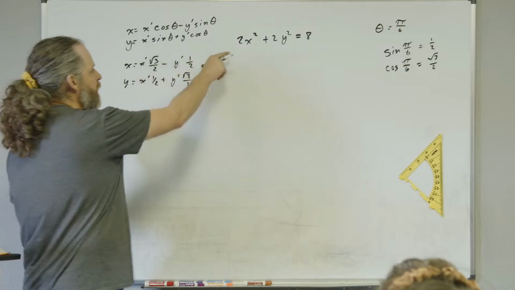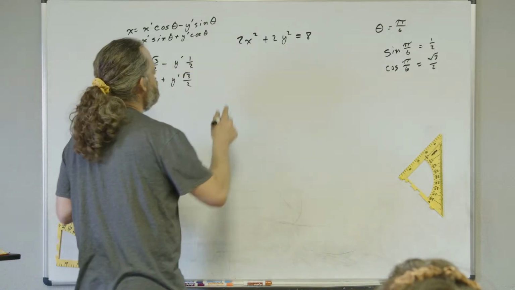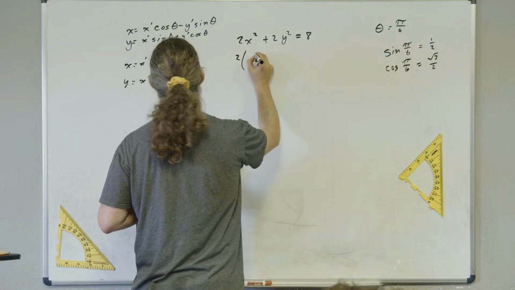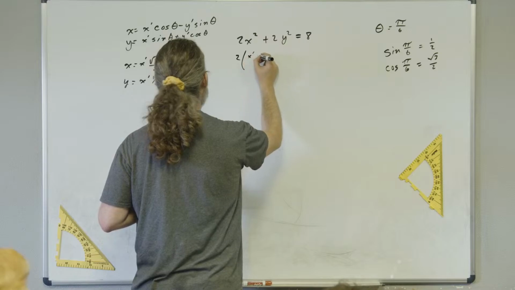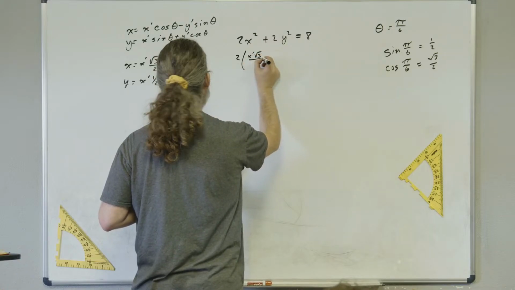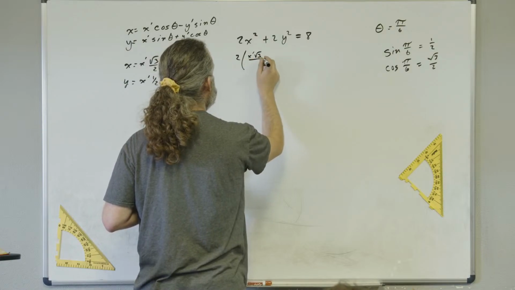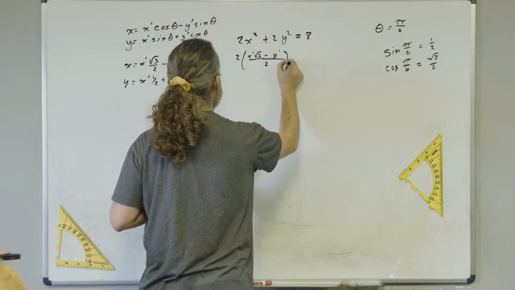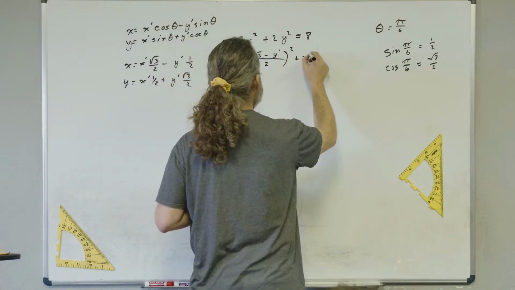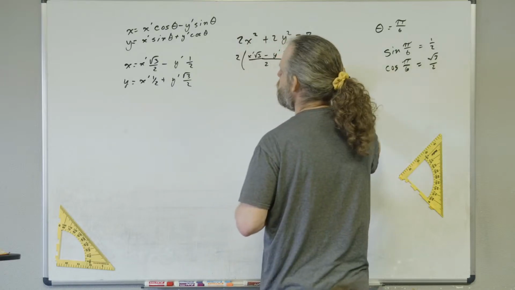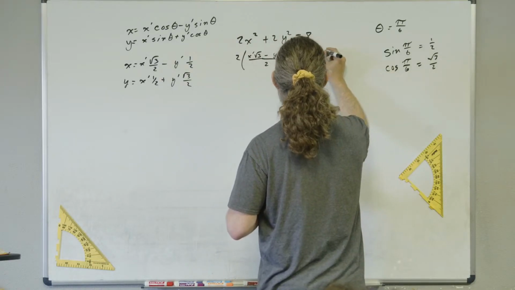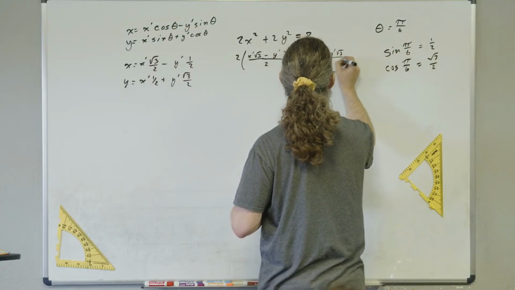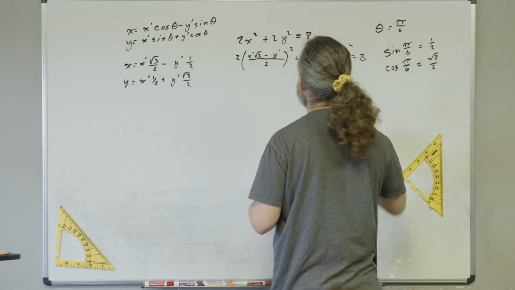How are we going to put this over there, right? 2 times the quantity x prime square root of 3 over 2, minus y prime over 2, quantity squared, plus 2 times the quantity x prime over 2 plus y prime square root of 3 over 2, squared, and that equals 8.